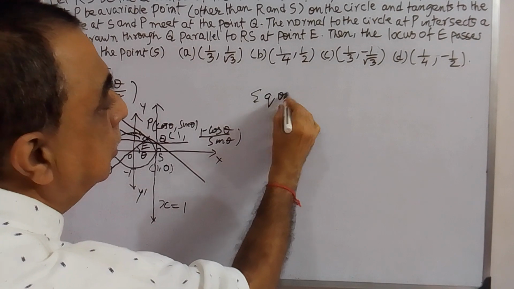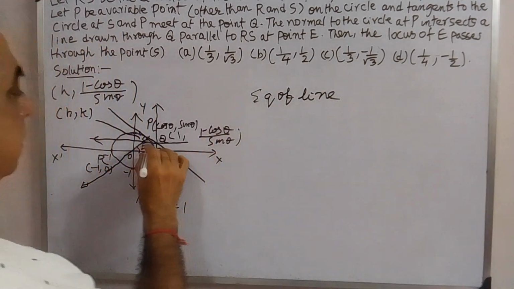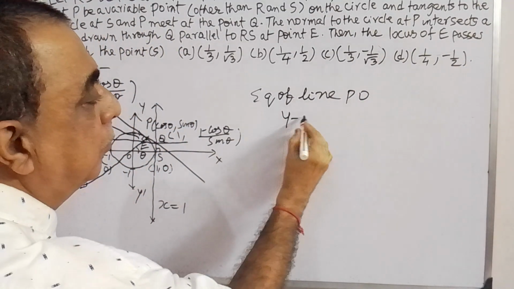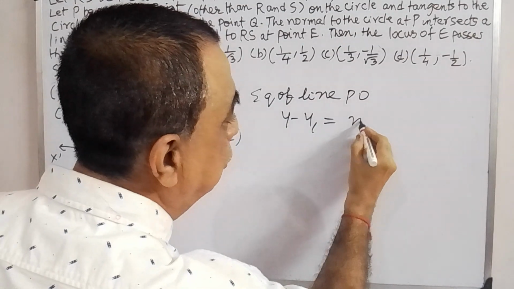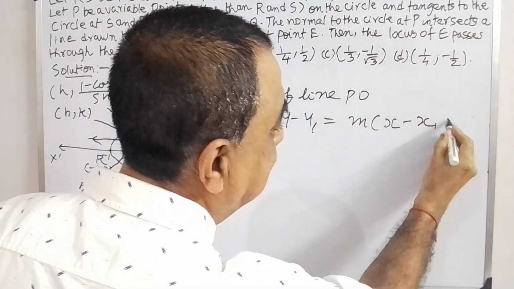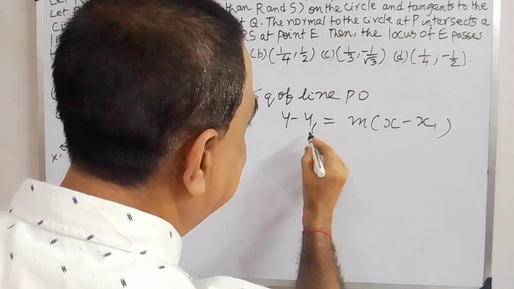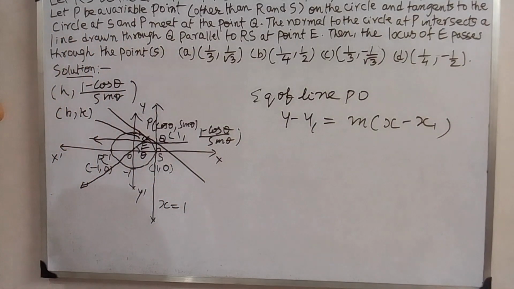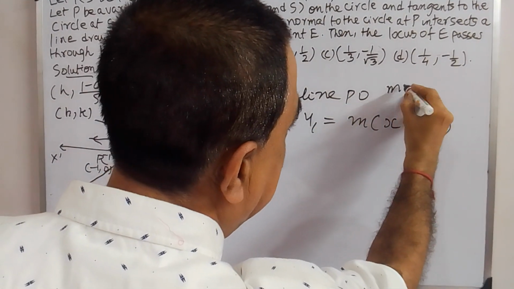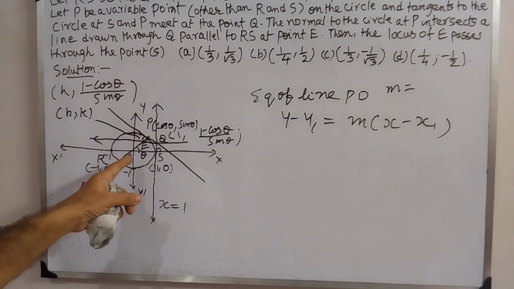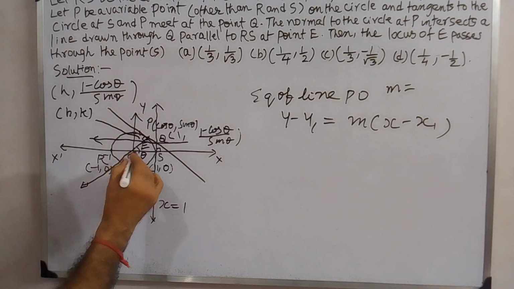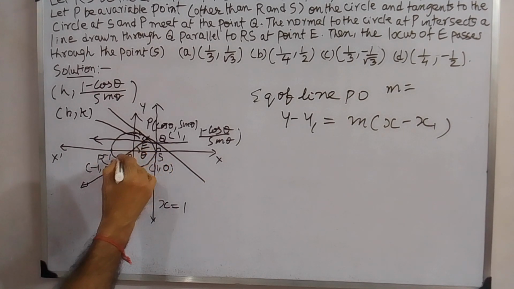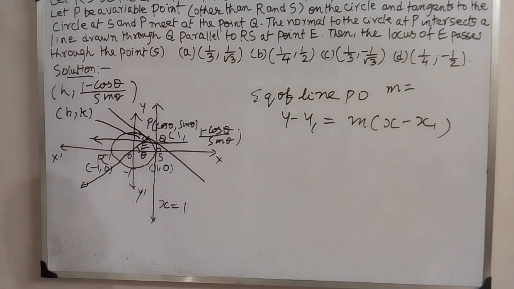We know the equation of the line is found like this: y minus y1 equals m into x minus x1, where x1, y1 are the coordinates of any point lying on the line, and m is the slope of the line. So here m is what? The slope of the line is the tangent of the angle which the line makes with the positive direction of the x-axis.